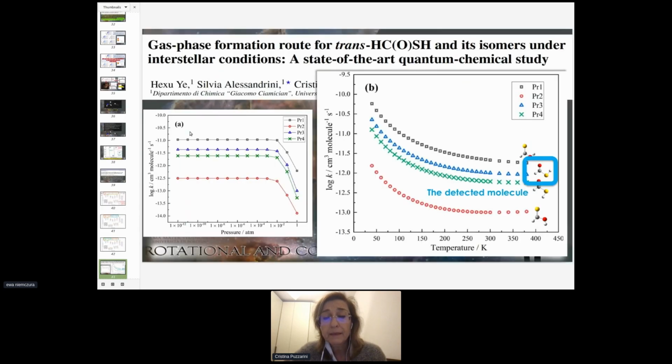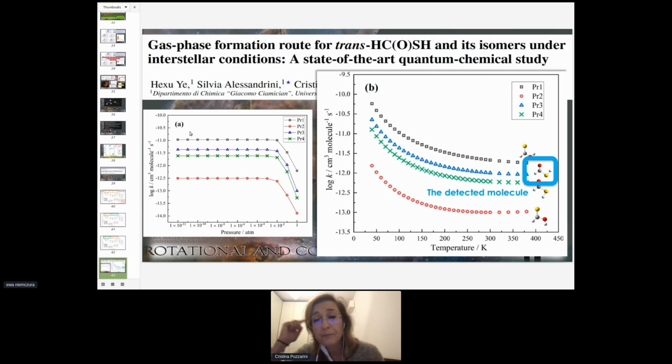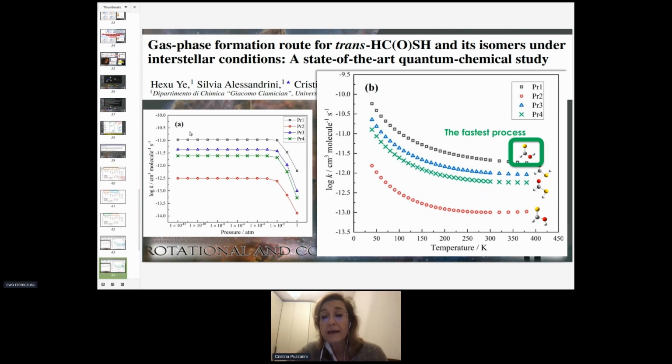You see the detected isomer of thioformic acid is the second fastest product in the kinetics. Interesting. Yeah, the fastest process leads to the formation of the trans form containing the CS double bond.